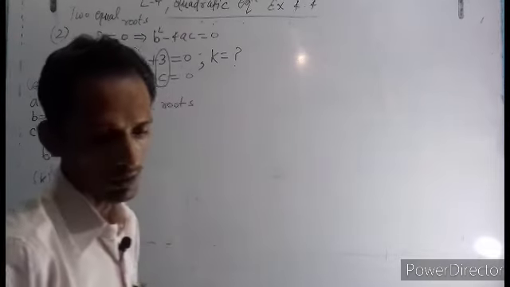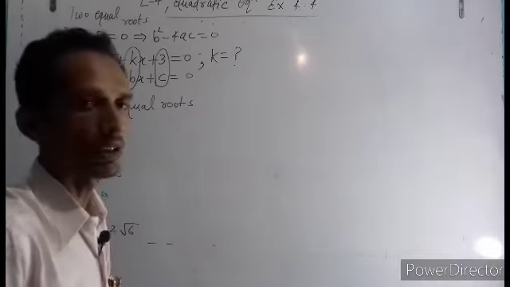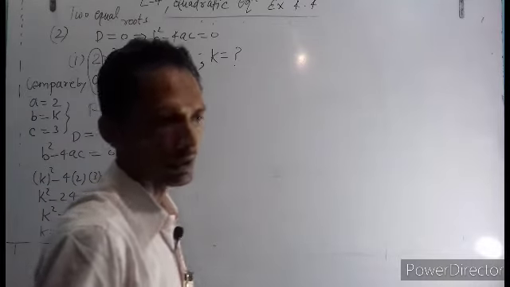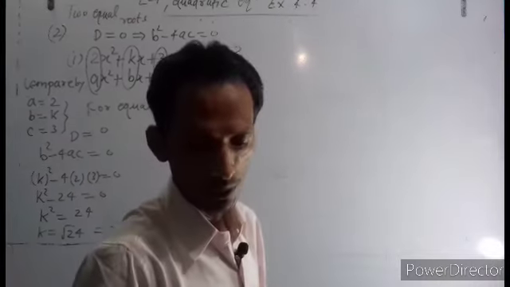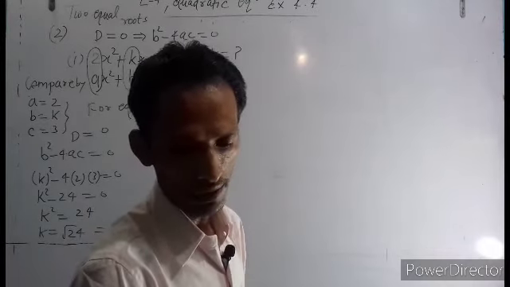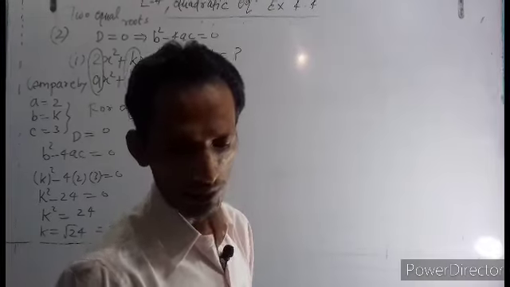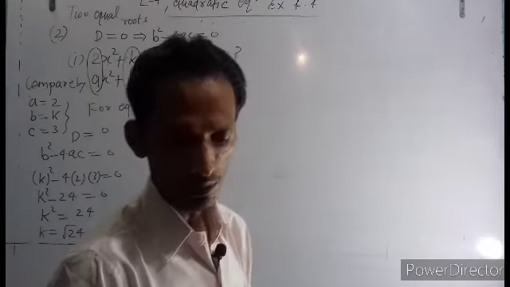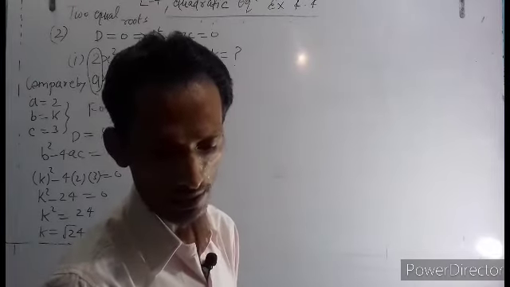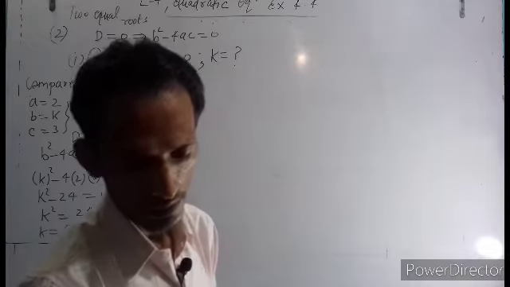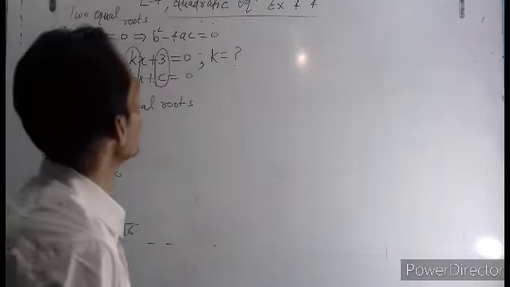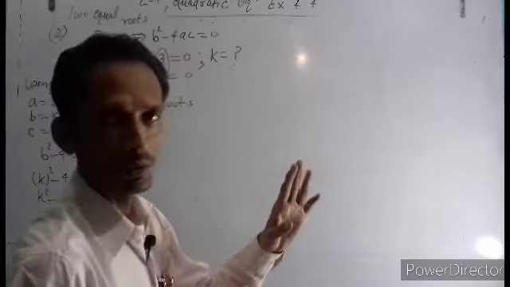Suppose the rectangular mango grove means just like a rectangular design. Okay, we have to make the rectangular design whose breadth and length are given in the form of this one. Length is twice of breadth, so we have to assume breadth.